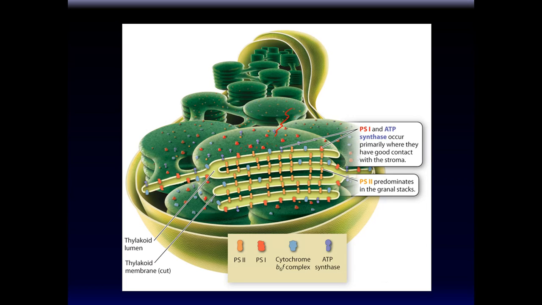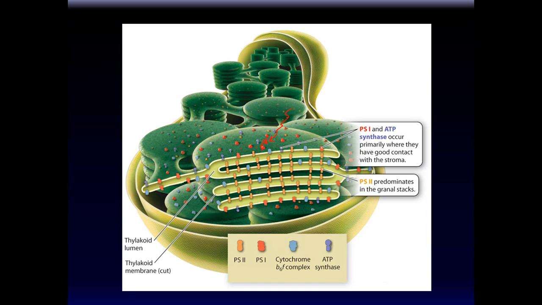So the light strikes the chlorophyll molecules and energizes the electron, if you recall, and that electron goes to these proteins, and they use that energy to make ATP and NADPH.